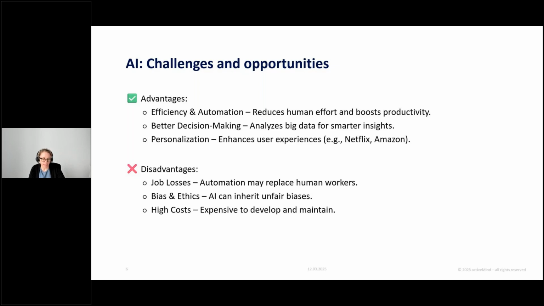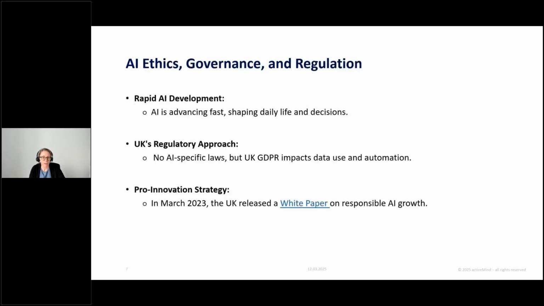Next, I will focus on AI ethics, governance and regulation, just to give you a broad overview before I go deeper. Obviously, AI is developing extremely fast at the moment. It shapes our daily life and our decisions in certain areas.